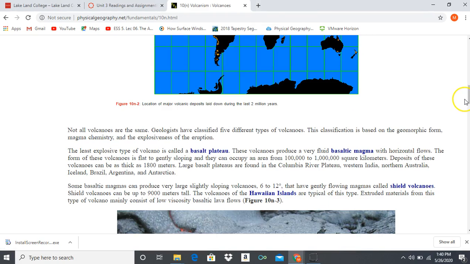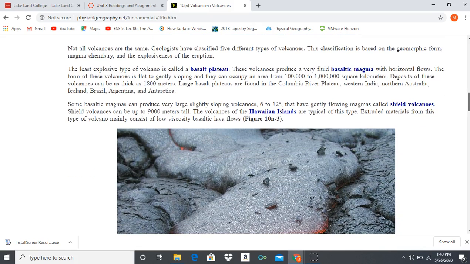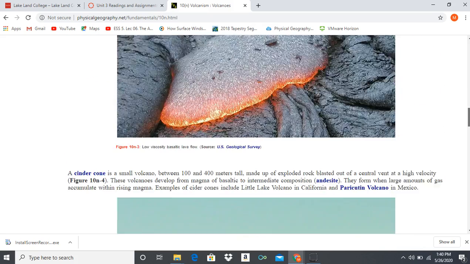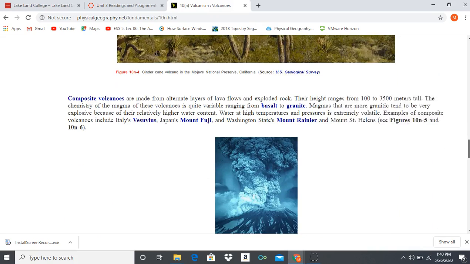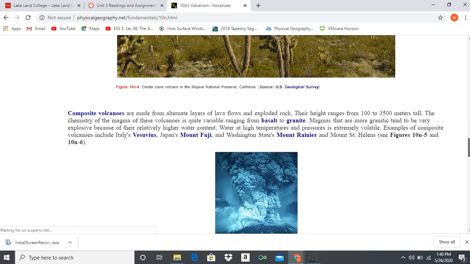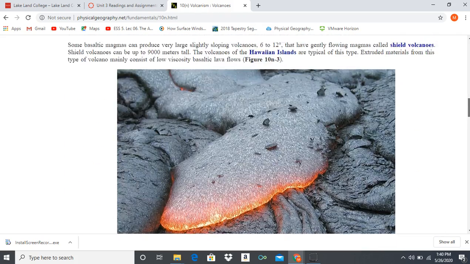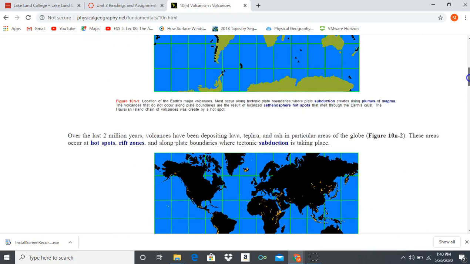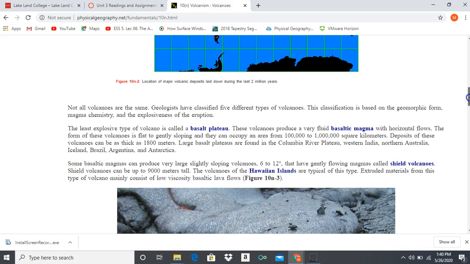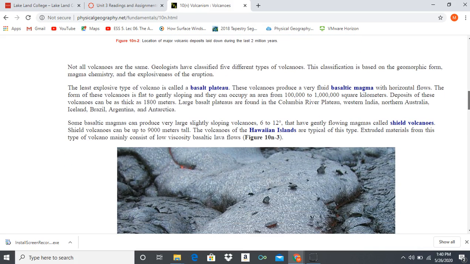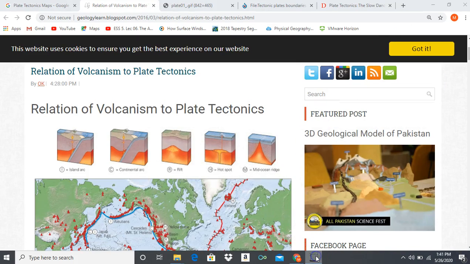There are a variety of different types of volcanic explosions, but whether you're in Hawaii and you have shield volcanoes, or you have cinder cones, or you have composite volcanoes, there's a very good YouTube video to understand the difference between shield volcanoes and composite volcanoes. They start talking about what type of plate boundaries and what type of rocks go into producing different types of volcanic mountains. And I expect that you'll be able to put some time into that and research those topics, and you'll become more informed on those issues.